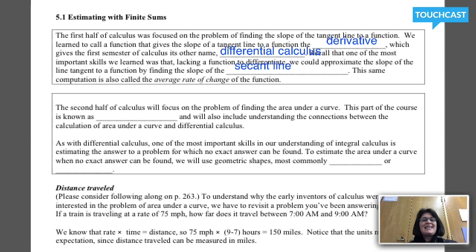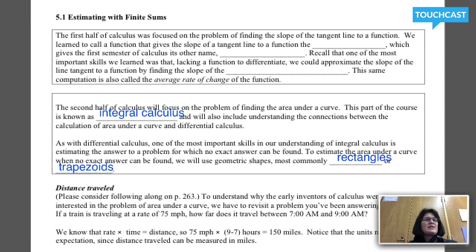The second half of calculus, we sometimes call integral calculus. One of the first things we're going to learn, not in this section, but in the next section, is a notation that we call the definite integral. So evaluating an integral turns out to be how we're going to spend most of our time in the second half of calculus.